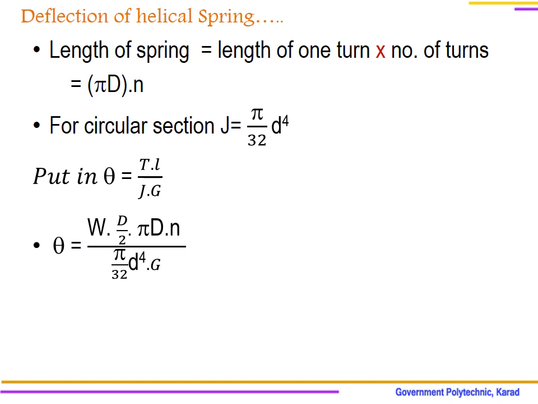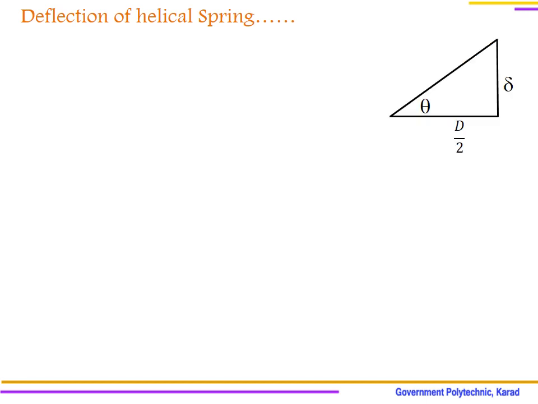Length of the spring is pi D multiplied by n, upon J, pi by 32 d raised to 4, and G, which is the modulus of rigidity. So this is theta. Theta is the angular displacement of this spring wire. So we will be getting this relation: theta is equal to 16 W D square n upon 4 G d.